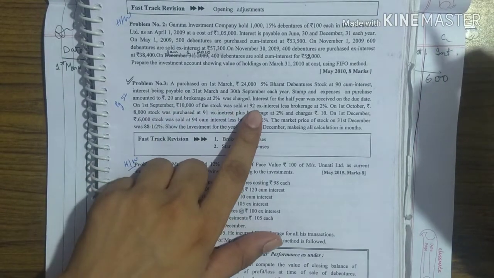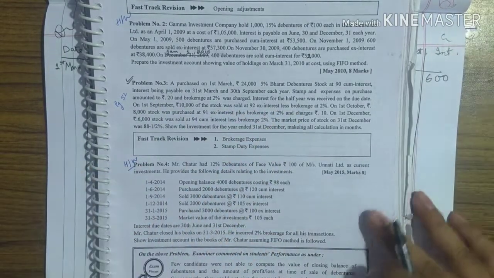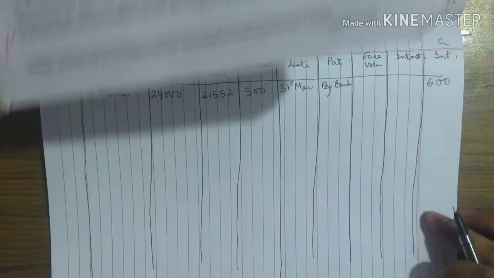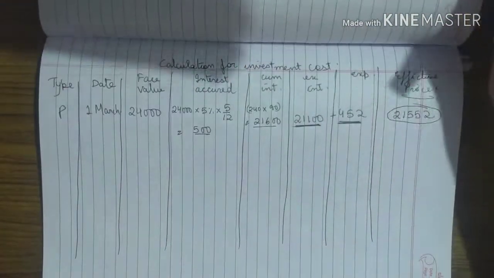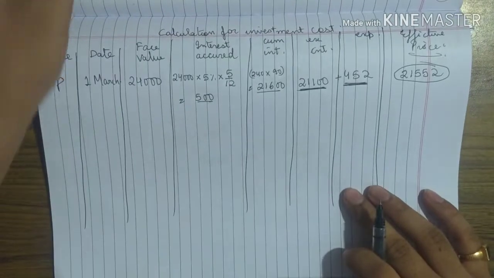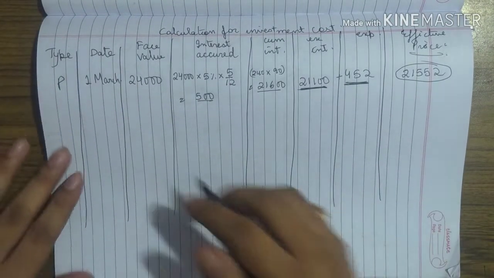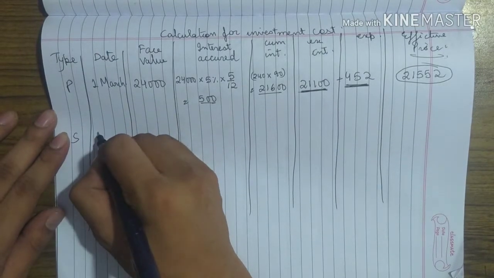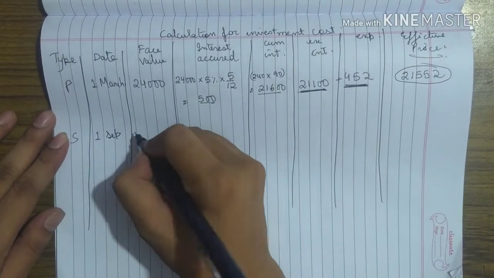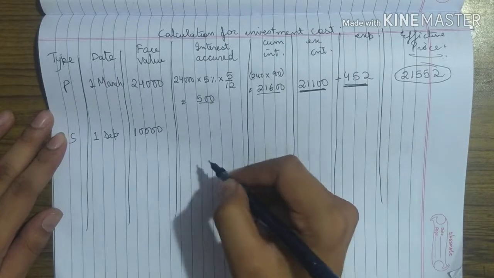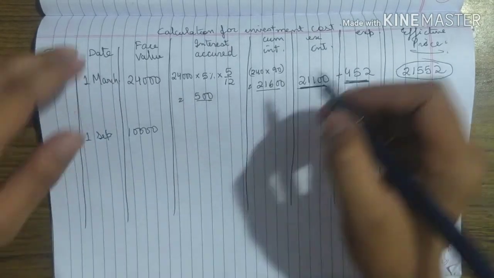Further we move to the next adjustment: on 1st September 10,000 of the stock was sold at 92 ex-interest less brokerage at 2%. Here we are selling the investment, which means we need to pay brokerage, so we will deduct brokerage from the amount we receive.